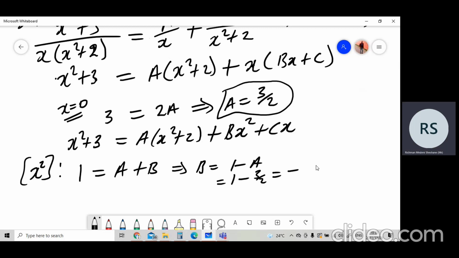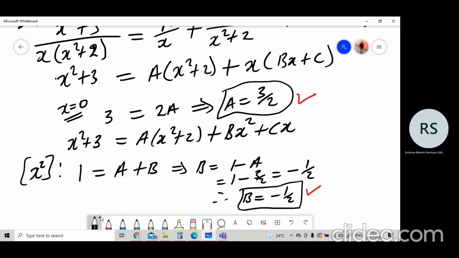This will give you minus 1 over 2. So this is the value of b. B equals minus 1 over 2. Okay. Let me indicate my constant. I already found 2.